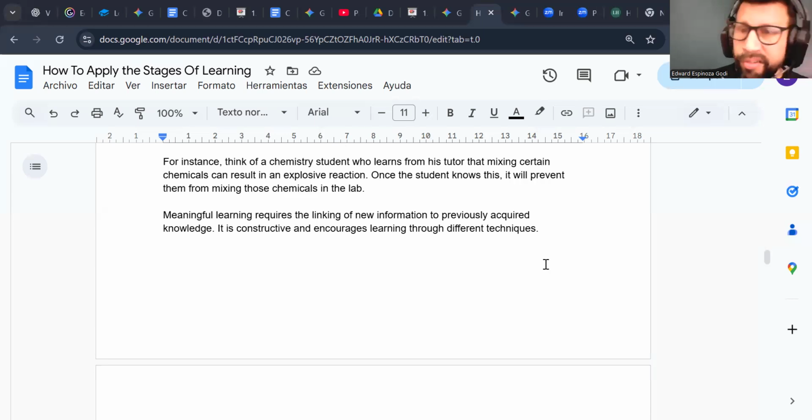Once the student knows this, it will prevent them from mixing those chemicals in the lab. Meaningful learning requires the linking of new information to previously acquired knowledge. It is constructive and encourages learning through different techniques.